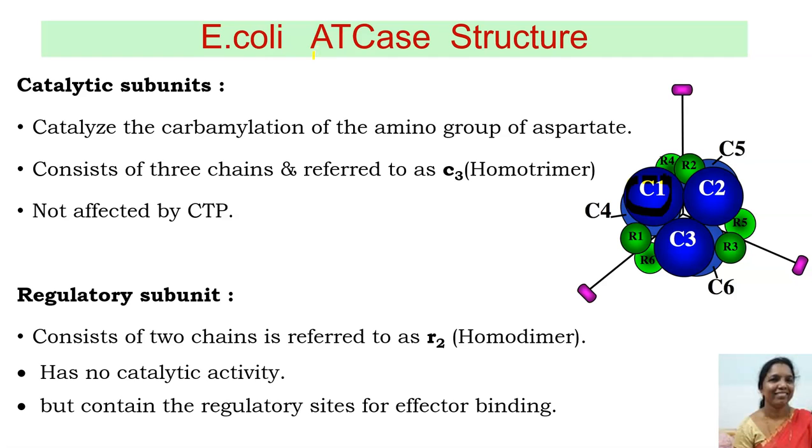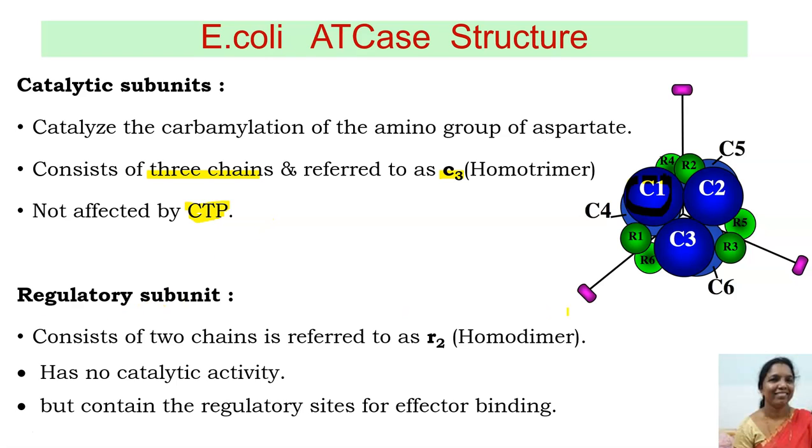They catalyze the reaction between the aspartate and Carbamoyl-phosphate. And the catalytic subunit consists of 3 chains. I told you, C3 homotrimer, and these are not affected by the CTP. CTP will not bind to the catalytic subunits, remember. They just catalyze the reaction.